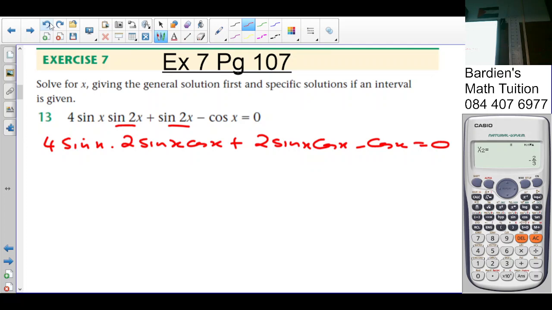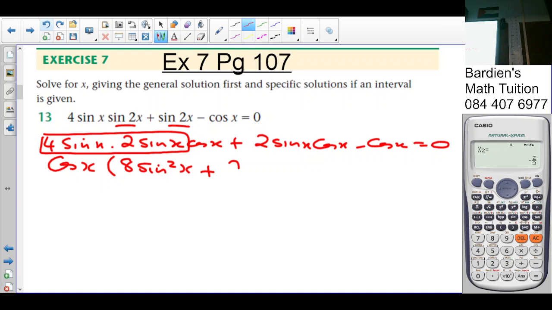You all see that? Or am I seeing it alone? And I'm talking to myself again. Okay. So cos x into, what are we left with? 4 sine squared x plus 2 sine x minus 1 equals 0.